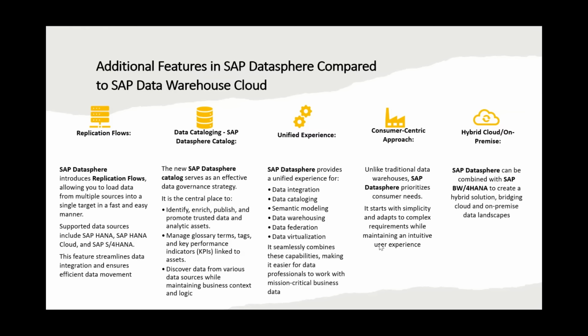The new SAP Datasphere catalog serves an effective data governance strategy. It is the central place to identify, enrich, publish, promote trusted data and analytic assets, manage glossary terms, tags, and key performance index linked to assets, discover data from various data sources while maintaining business context and logic.